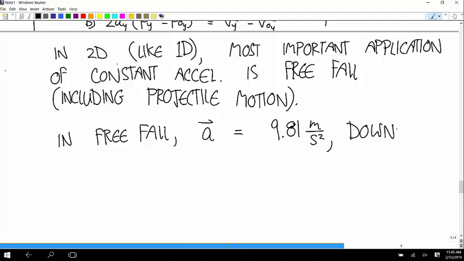Okay, well, what are the components of a vector 9.81 down? But it's a trick question, so don't answer yet. Depends on what your coordinate system is.